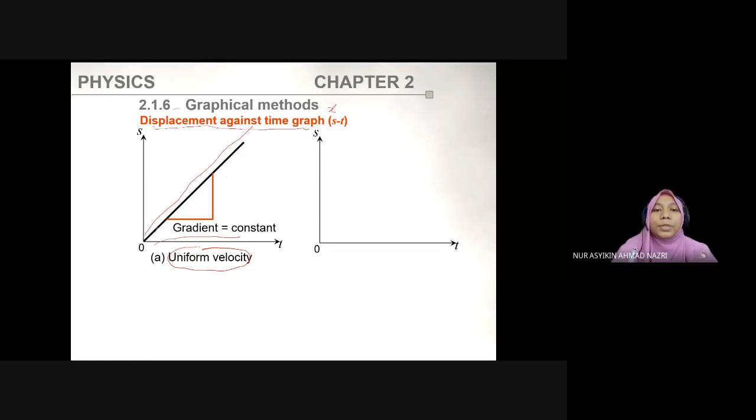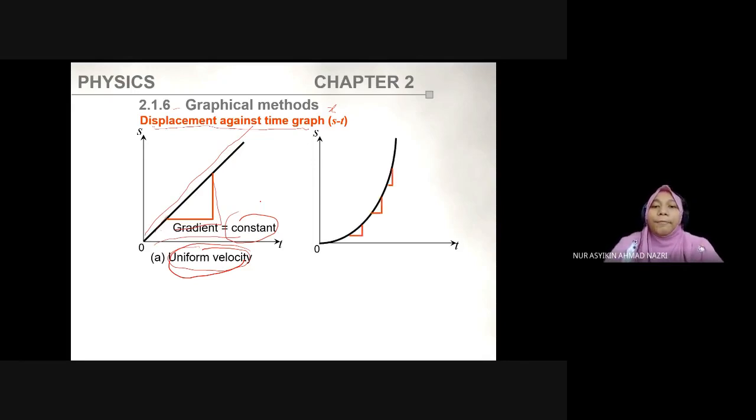Velocity will increase with time. What happened? We will get uniform velocity. Why? Because the gradient will give a constant value. Alright, and then we also may have this kind of motion where we have more than one gradient.